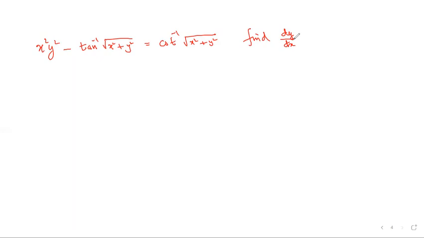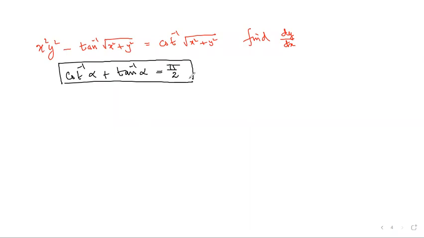Yes, you must remember this, very good. Cot inverse alpha plus tan inverse alpha is always pi by 2. It's a constant. So keeping this in mind, you can simplify this function.